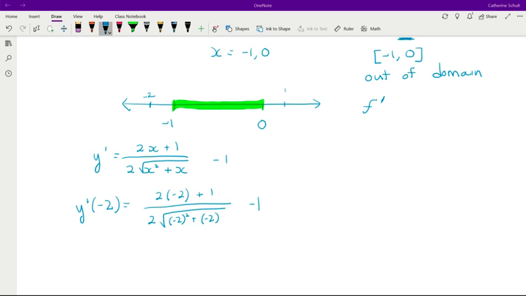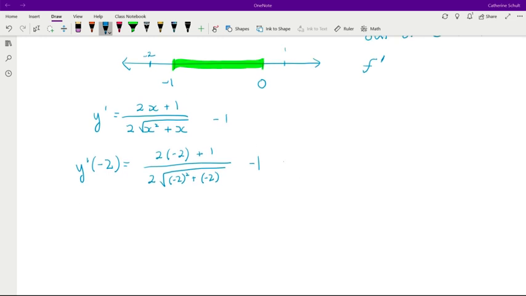Okay, so on the top, we're going to get -4 plus 1. It's -3. And on the bottom, we're going to get 2, and then 4 minus 2, and the radicand is going to be 2, right? And then -1.